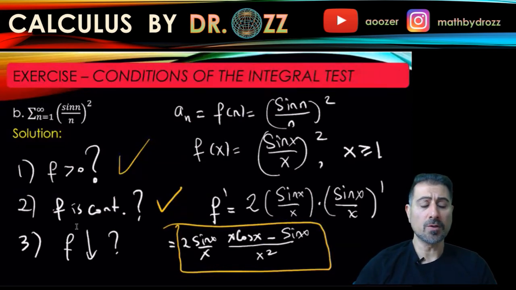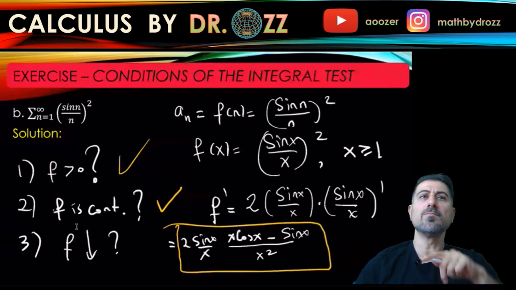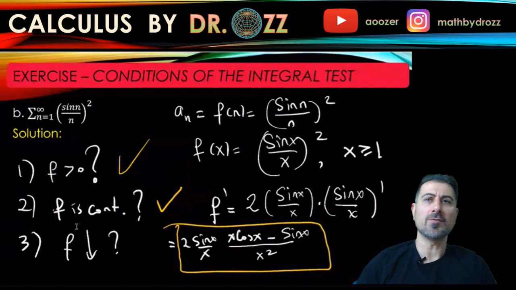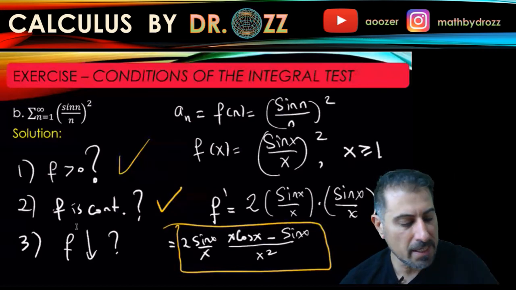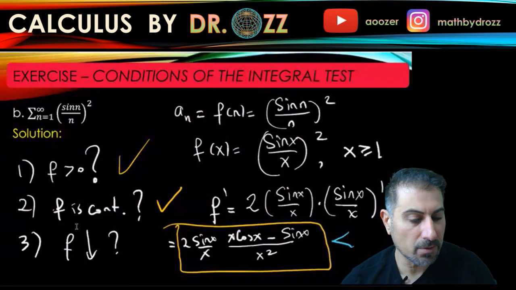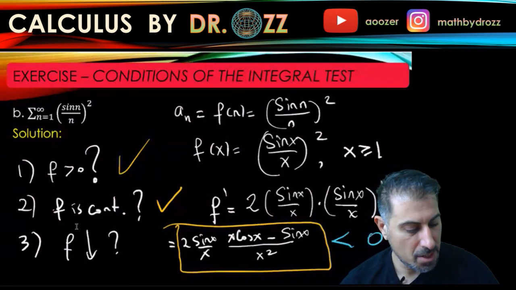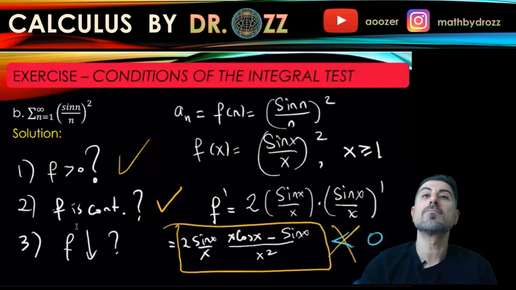Use your TI-84, plot this function, and you will see that it is not always negative. Because, as I said, we have periodic functions, sine and cosine, and their composition, so this should take positive and negative values. So I can't conclude that this is less than 0.